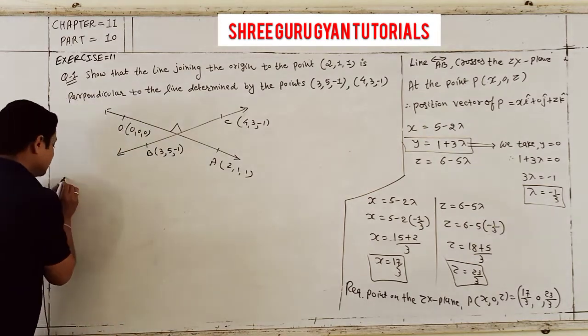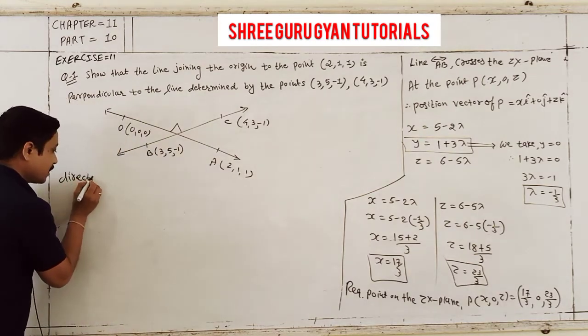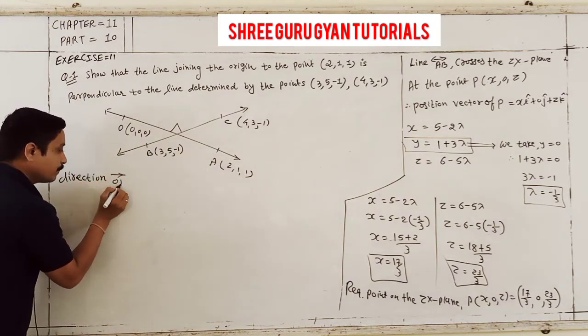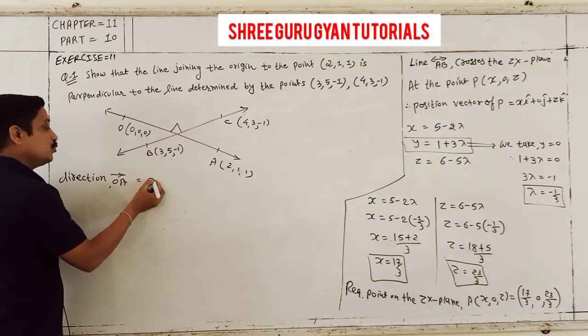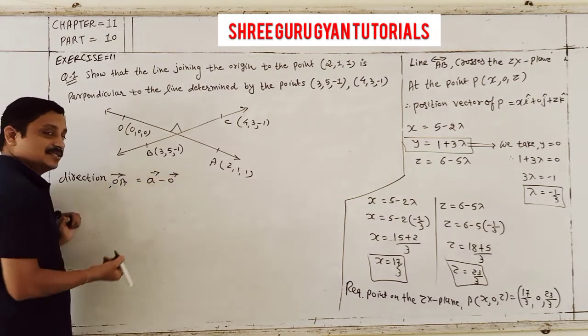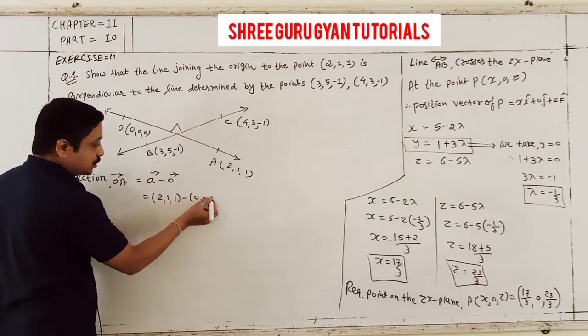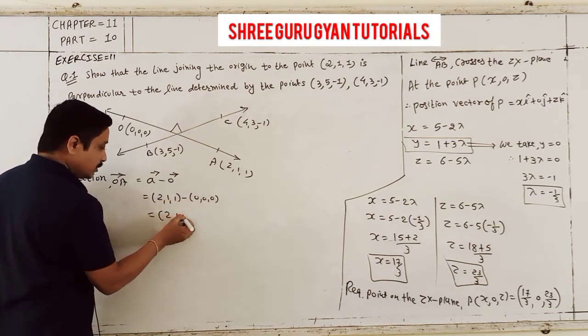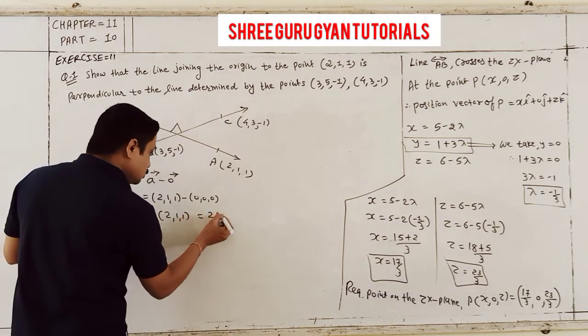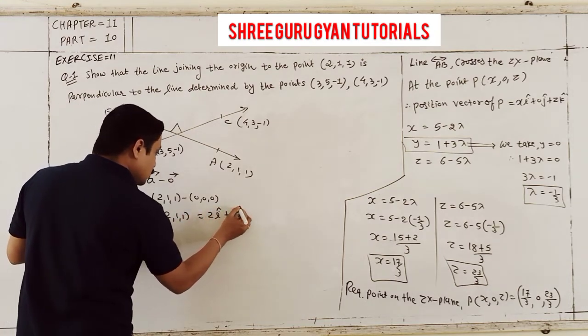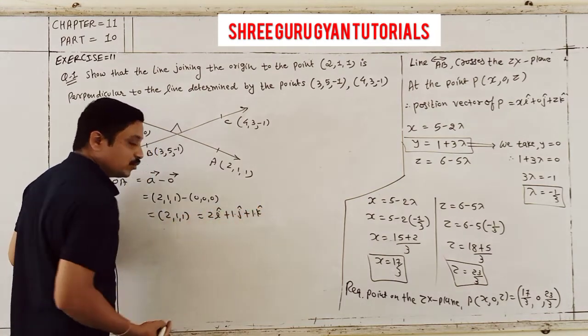Very easy. First of all, I derive the direction of OA. So A's position minus O's position. What's A? 2, 1, 1, and O is 0, 0, 0, so 2, 1, 1. I will write only 2i plus 1j plus 1k.